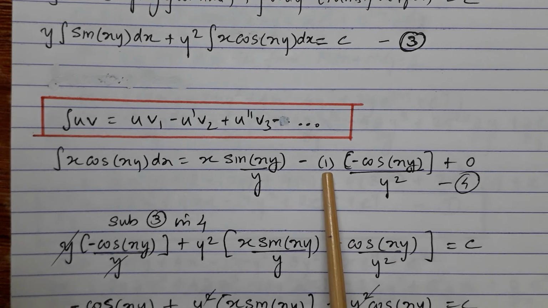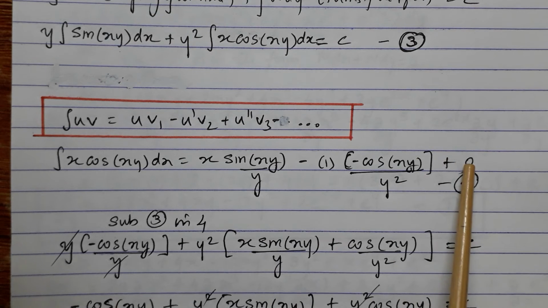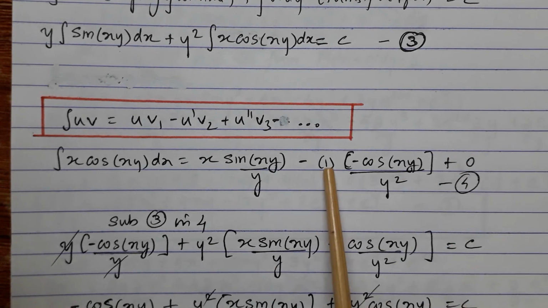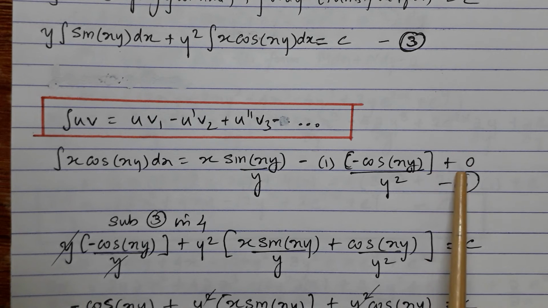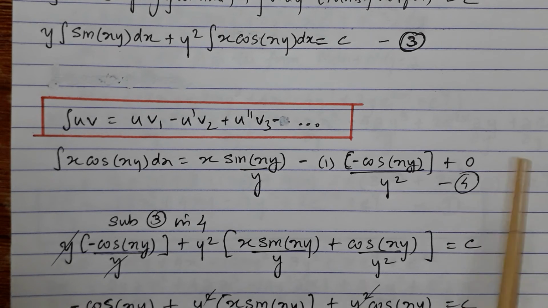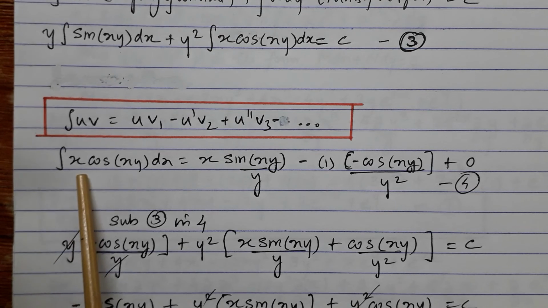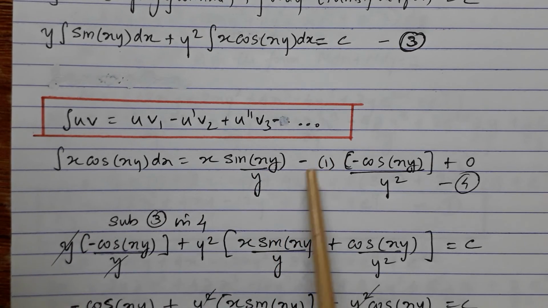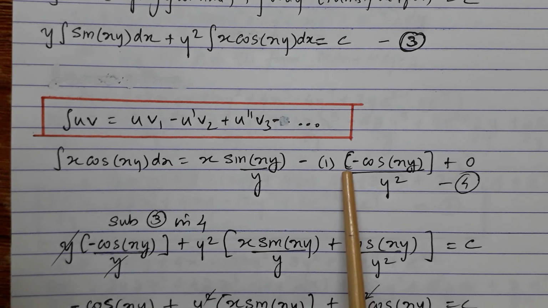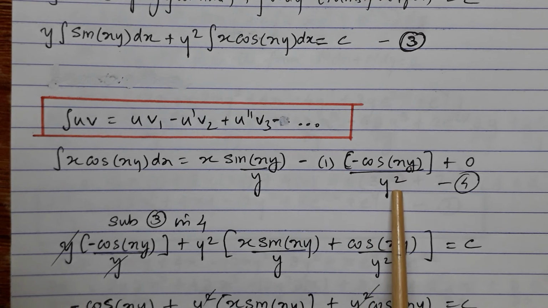Now the derivative of this would be 0. So the next term would be 0, as the derivative of 1 is 0. So we will stop proceeding further. So we have integral of x cos xy is x sin xy by y minus of minus cos xy by y square.